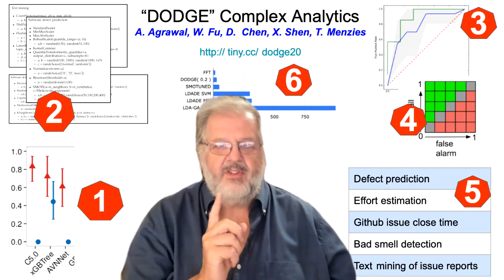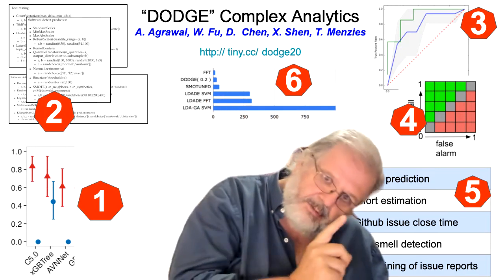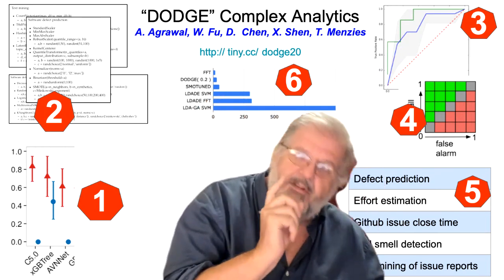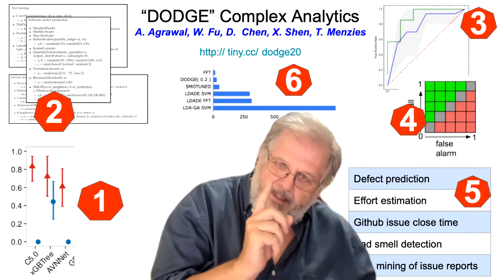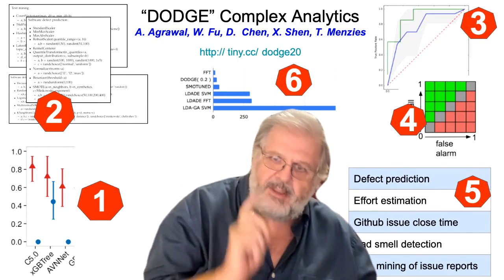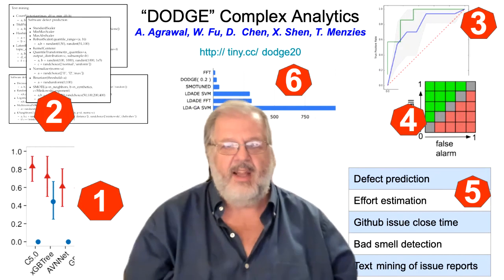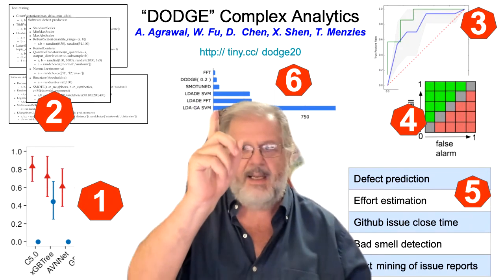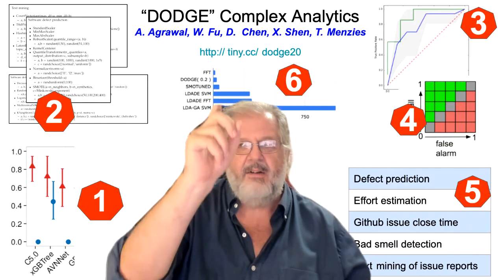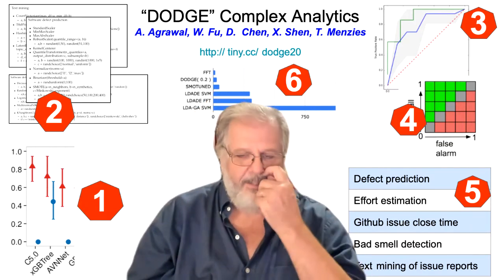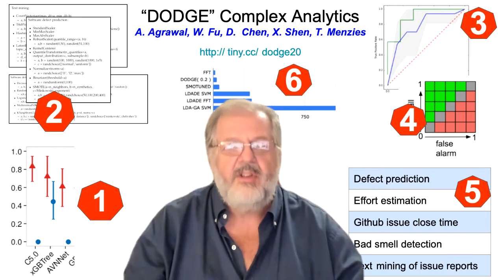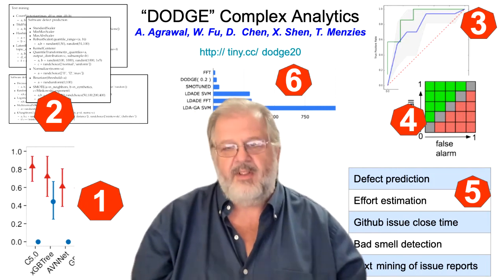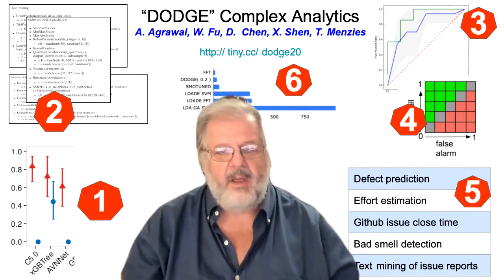And so up here in 6, you can see the number of evaluations required. The big blue bar at the bottom is what happens when genetic algorithms are employed, and that's a very large number of evaluations. And the tiny little blue bars showing up above my finger there are what happens when we employ these techniques. So you can dodge the complexity of software analytics.